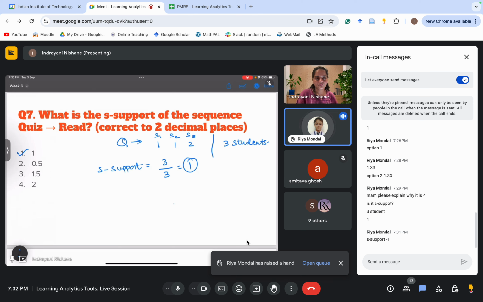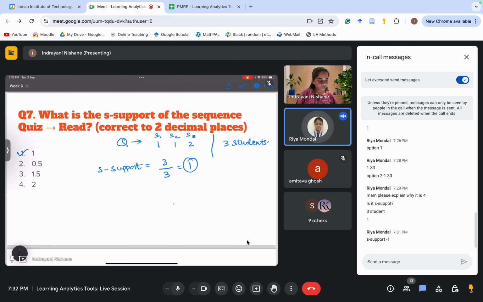So, ma'am, I support and I frequency are both different. No, I support and I frequency are the same. S support is different. S support and I frequency are different. But, ma'am, I support tells the number of times each action was performed by an individual student.